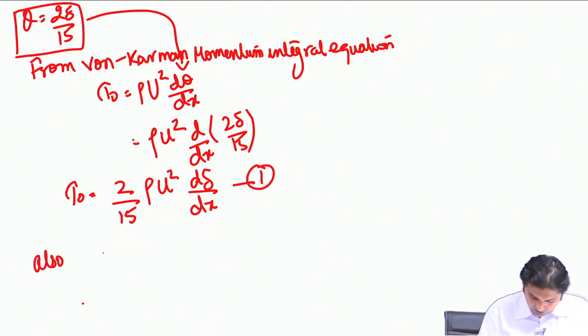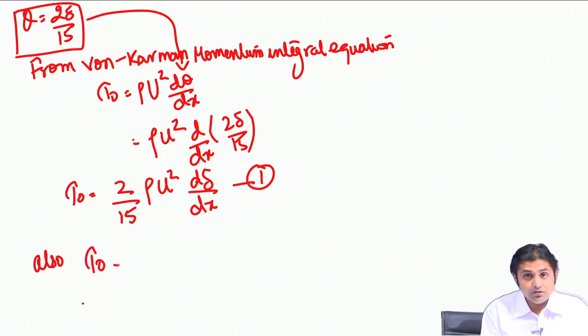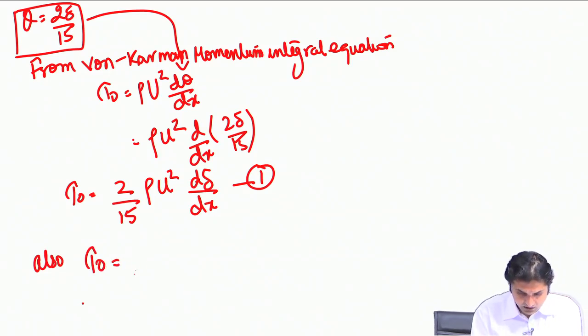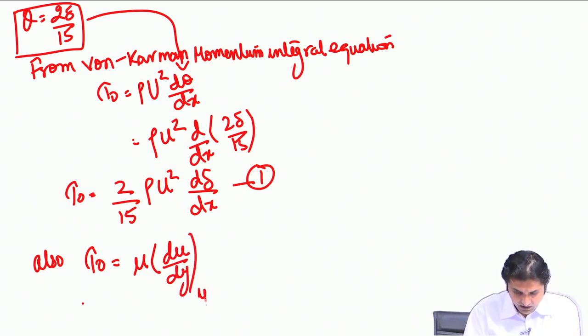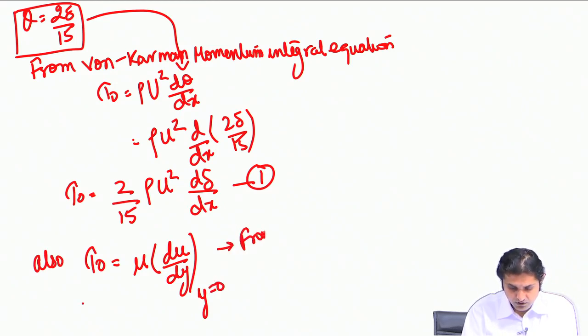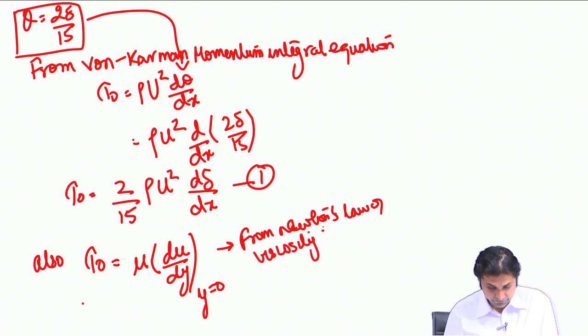Also, tau naught we know can be written as mu du by dy at y is equal to 0. And how do we get this? From Newton's law of viscosity. So the velocity profile we already know.